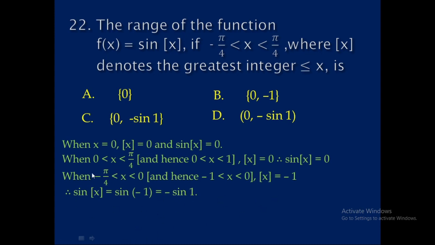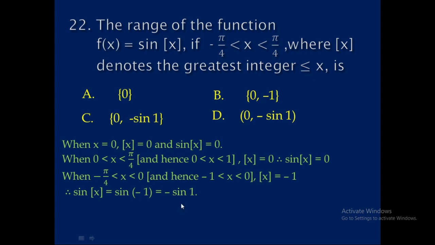Therefore, you can know that when x is greater than 0 and less than pi by 4, the image is only a single value, that is 0. And when x is greater than minus pi by 4 and less than 0, the image is equal to minus sine 1.